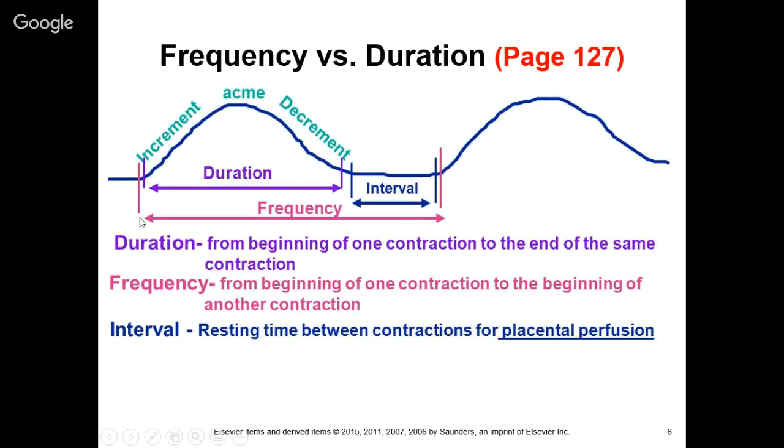So from the start of one to the start of the next is frequency. The amount of time for one contraction is duration. And resting is important for it relaxes the uterus, and then that allows for placental perfusion or blood and oxygen to get through the placenta and into the infant.